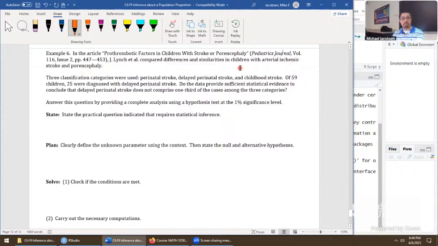That seems to indicate a population. We're interested with children struggling with those specific conditions. I don't know exactly what they are. I mean, ischemic stroke, we probably all have a great idea. I don't know exactly what that is, but we can still run through the data analysis, not being experts on these things. We would just have to hope that experts that analyze these data did it appropriately.